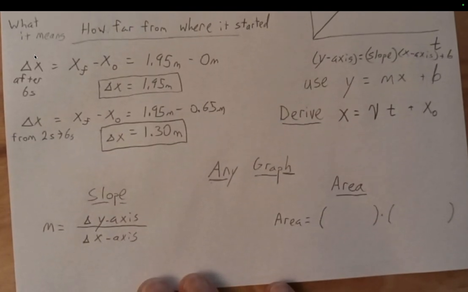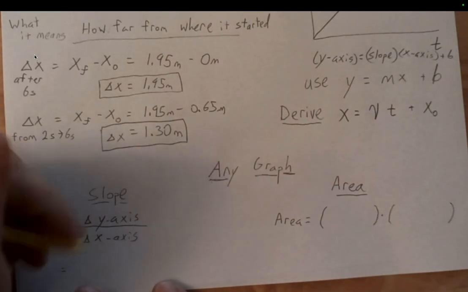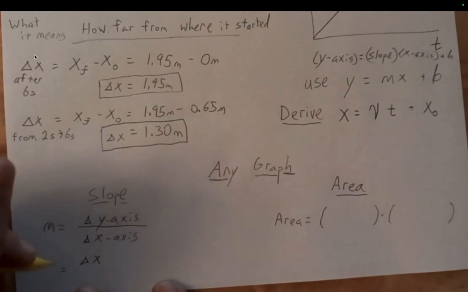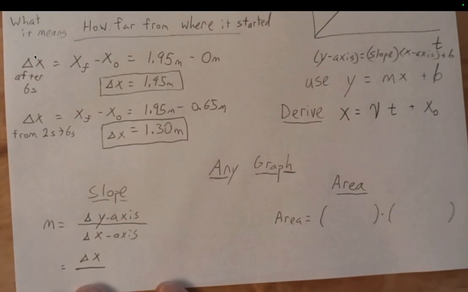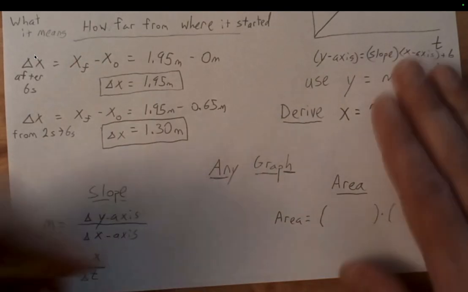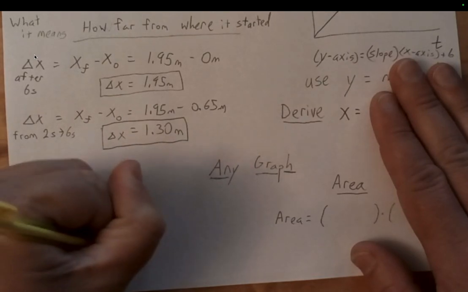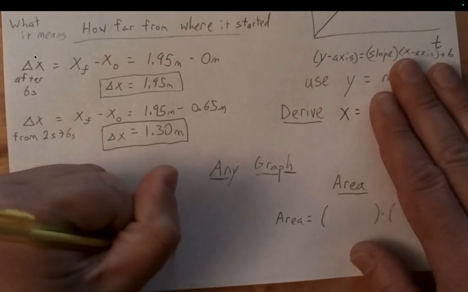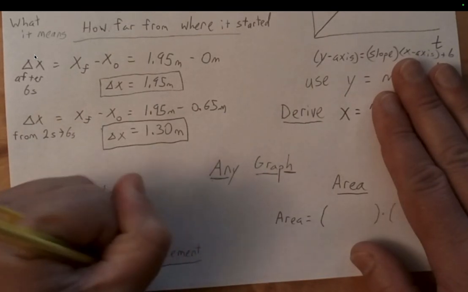So in this, our change in the y-axis is the change in our position, which is our displacement, and a change in our x-axis is a change in time. So what we're getting here, if we have a slope, is a displacement over time.